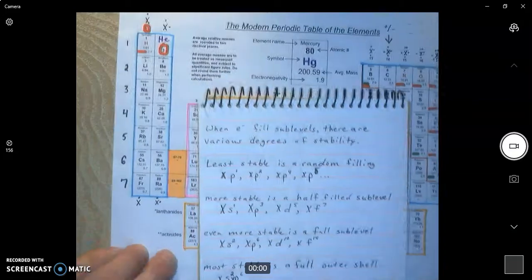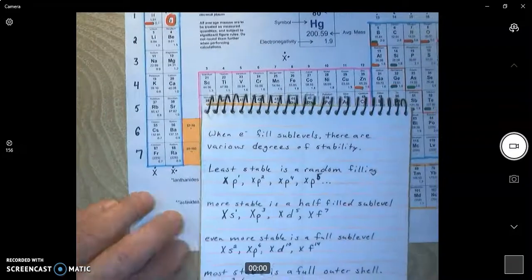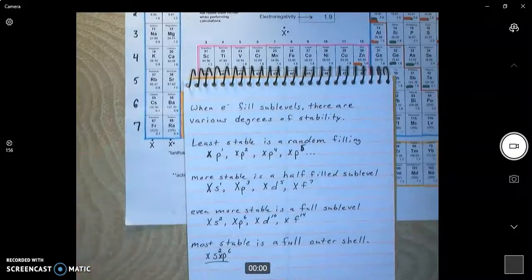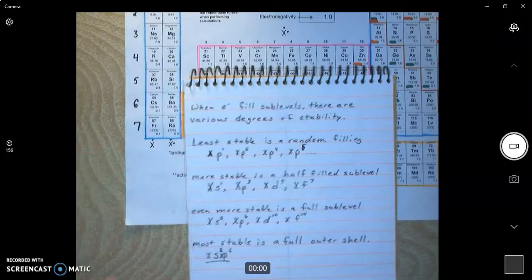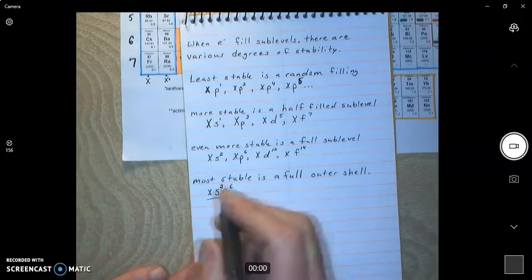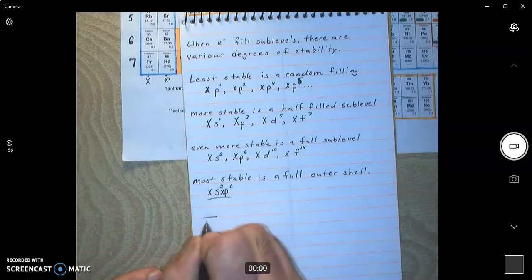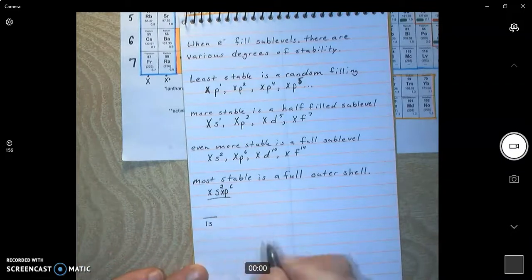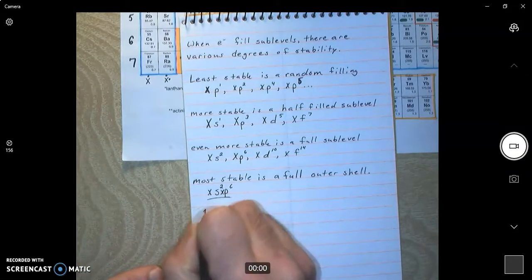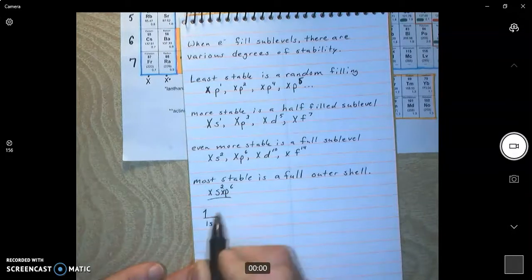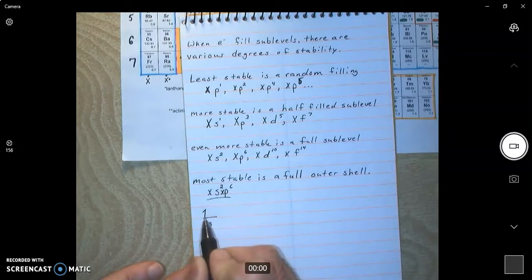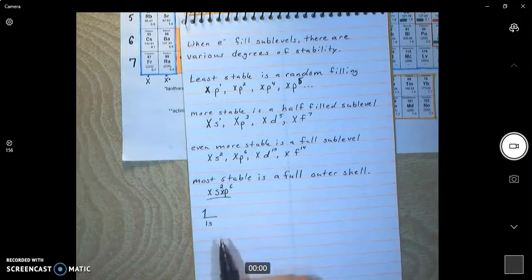So just to give you an example, let's walk through a few of these configurations, and we'll talk about where the stability is going to spike. Okay? So if we start with our 1s, and we put a single electron in it. Right off the bat, it's going to require a lot of energy to get rid of that electron because it is really close to the nucleus.